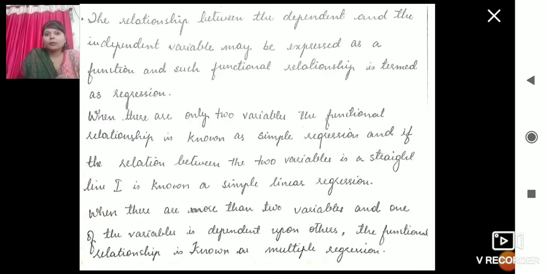The relationship between the dependent and the independent variable may be expressed as a function, and such a functional relationship is termed regression. That is today's topic.